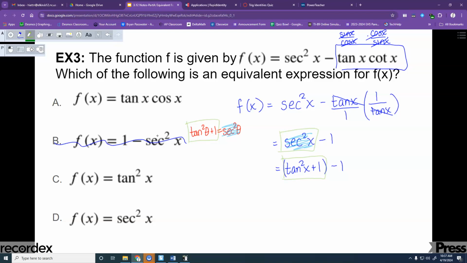A lot like we took our sine squared plus cosine squared on that first problem and replaced it with a 1, right? Because they're equal to each other. All right, so now this is looking good because what's going to happen with that positive 1 and that negative 1? They're going to cancel each other out. What have we got left? Tan squared x. Is that an answer choice? Yes, it is. So C would be our answer for that.